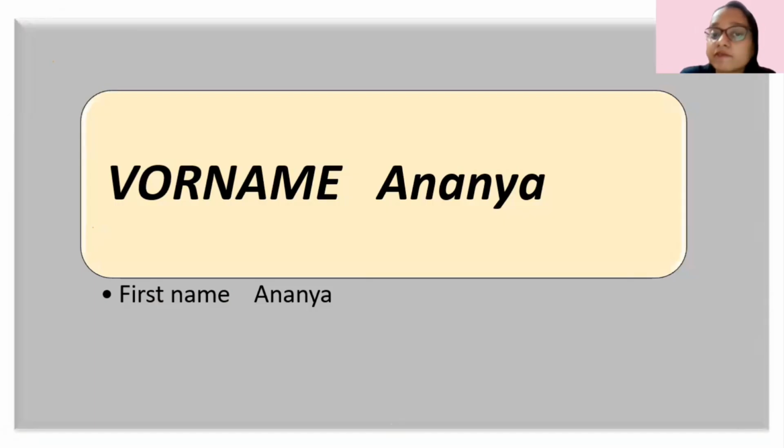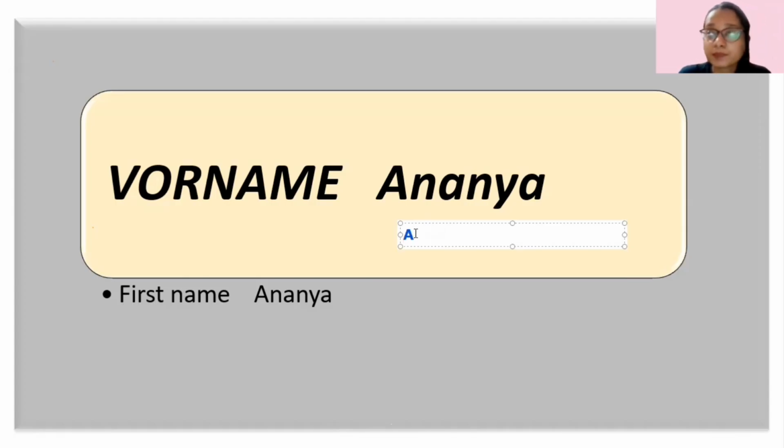For example, my first name is Ananya. So how will you now spell this? This is very important. Now pay attention here. Ananya. This is my name. How will you spell this?